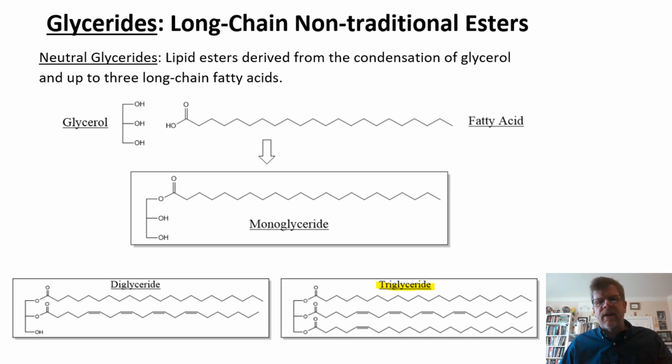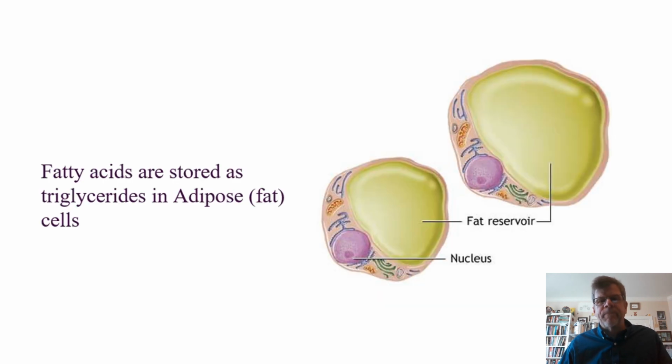Triglycerides as a store of energy are stored in particular modules within animal systems. So here we have what are known as adipose tissue, or rather adipose cells right here. These are essentially fat cells.